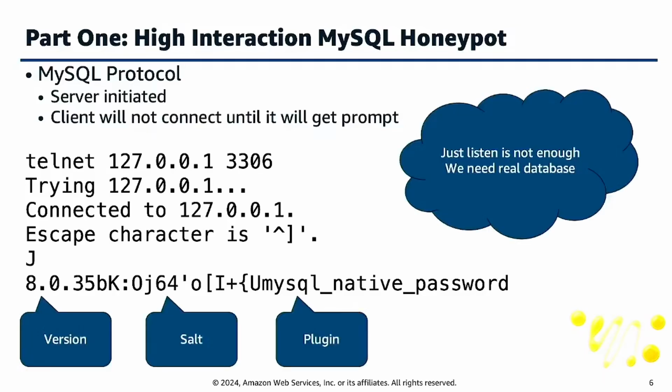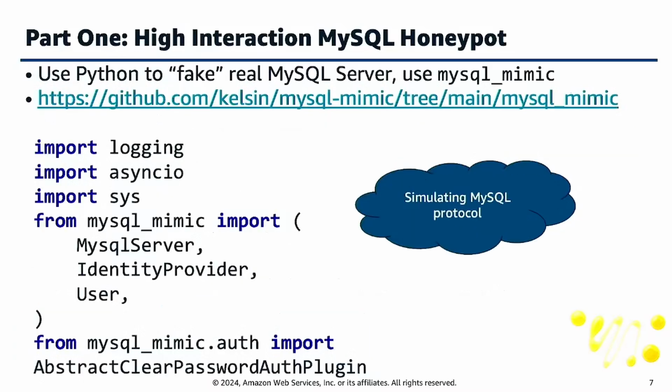Just listening on a port with a TCP server is not enough. So what do we need to actually create a MySQL honeypot? The good news is that there is a very simple-to-use Python library that implements the MySQL protocol. It's called MySQL Mimic.